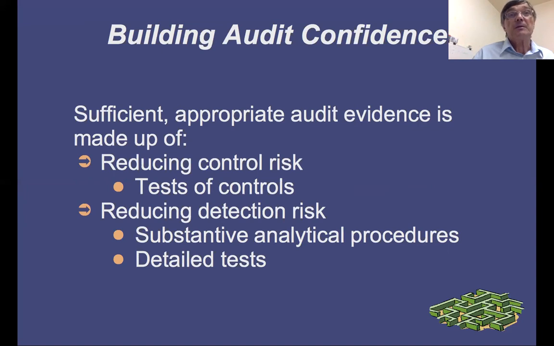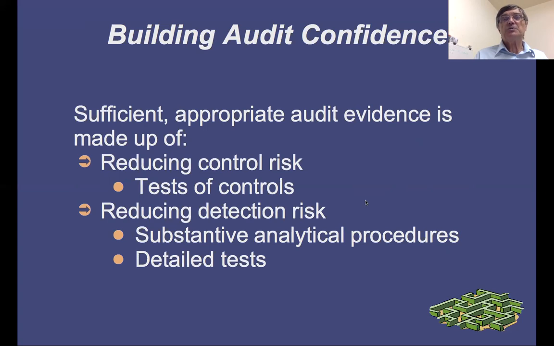If we do substantive analytical procedures, when I did my training long ago, I could write down this year's figures and say, look at the gross profit margin, and I would say, oh okay, the gross profit margin is 22.0% this year.